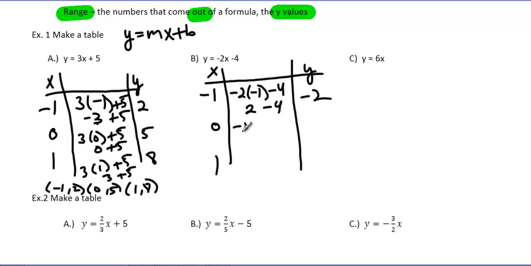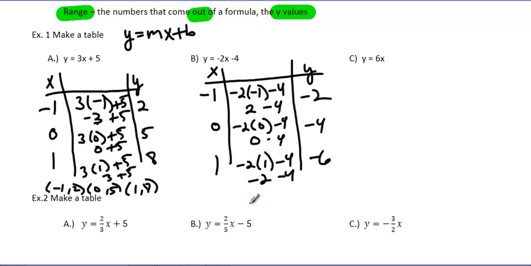Put my 0 in. Negative 2 times 0 minus 4. That's 0 minus 4, which is negative 4. And then lastly, we put the 1 in. That's negative 2 minus 4, which is negative 6. So again, I'm given three sets of ordered pairs here when I'm done. I'm going to make sure I write those out.